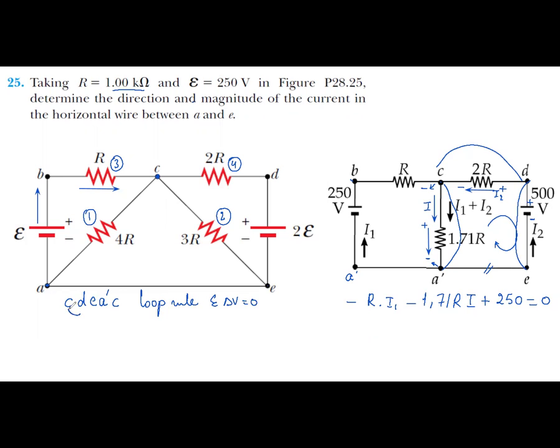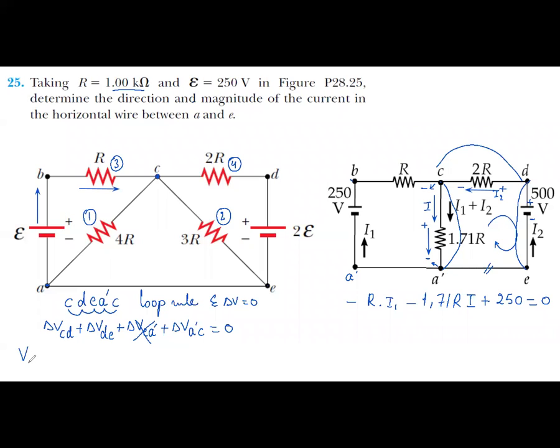We put delta V CD plus delta V DE plus delta V EA prime plus delta V A prime C equals 0. You know, between E and A prime, we have nothing.